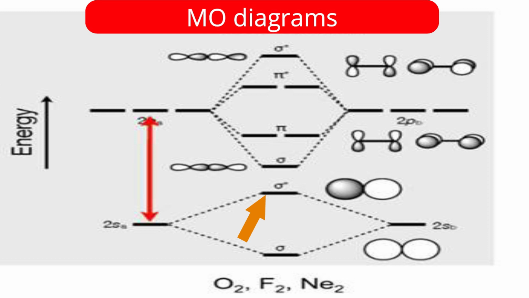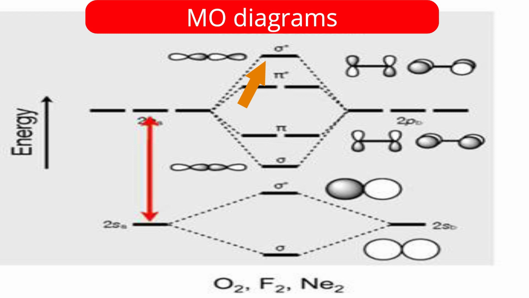Out of the three 2p orbitals, the 2pz orbital, which is along the internuclear axis, will undergo head-on, axial, strong interaction, due to which the bonding orbital will decrease by a greater extent. Accordingly, the antibonding orbital will increase by an equal extent.